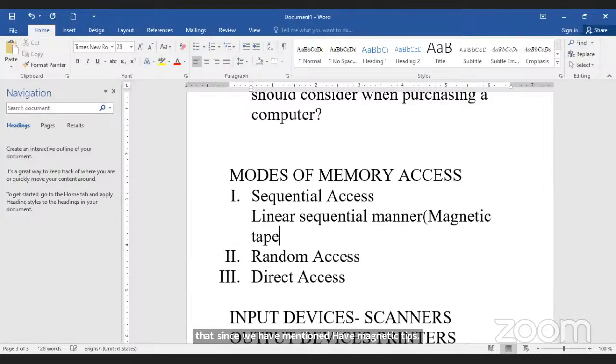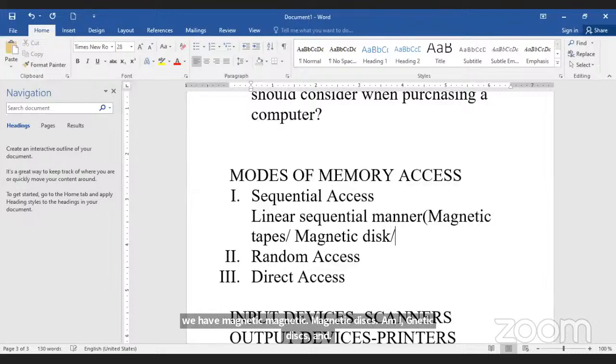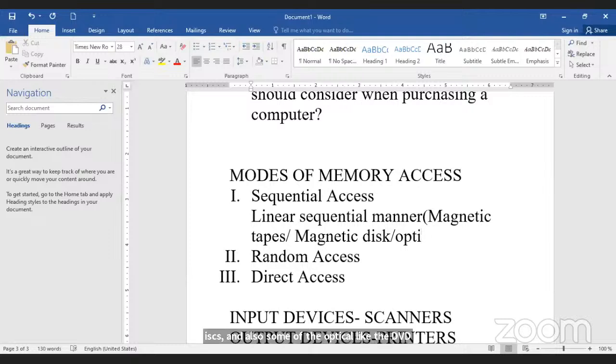I hope you are making your notes, because you see I'm also making my notes, okay? We have magnetic discs, the floppy disk. And also some of the optical storage, like the DVD. You need to access memory from a table.